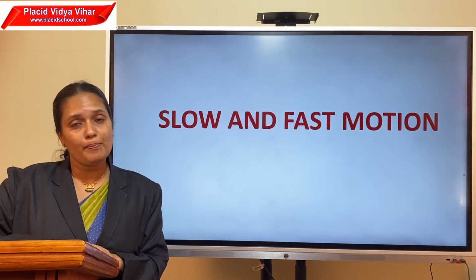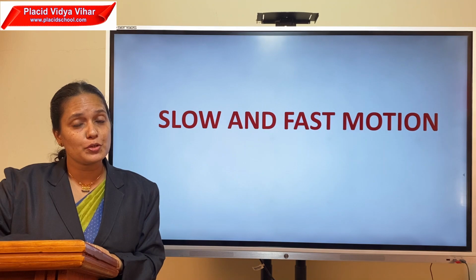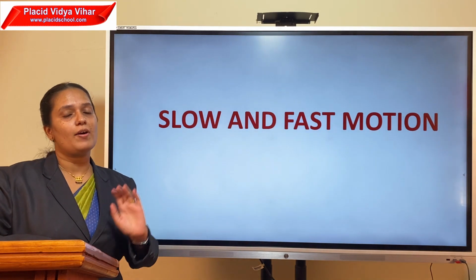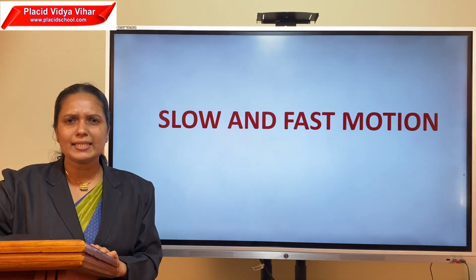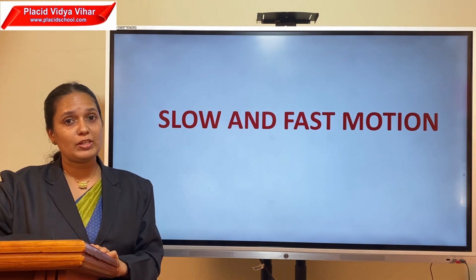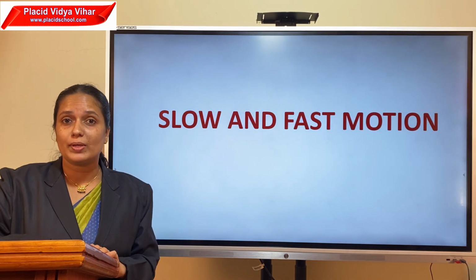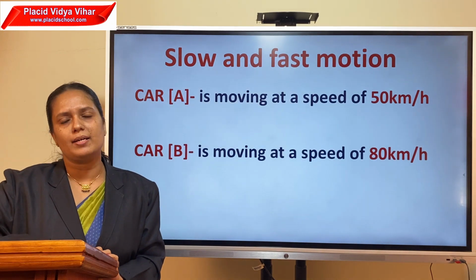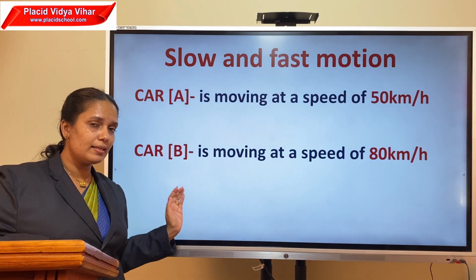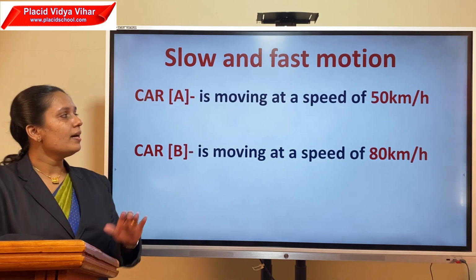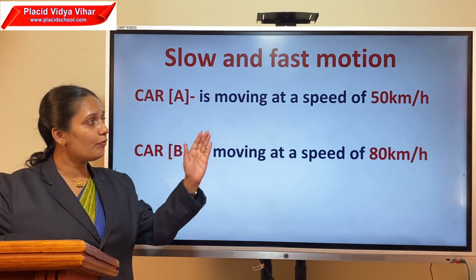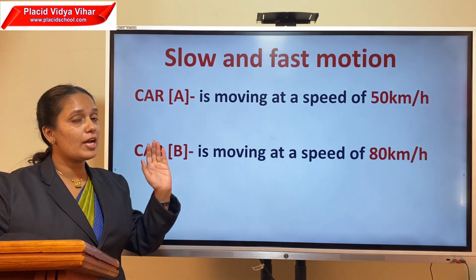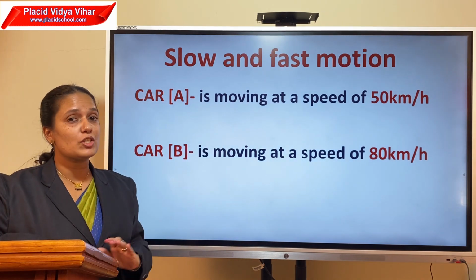Based on the magnitude of speed, we can classify motion into slow and fast motion. So let us see how we decide which object is in fast motion and which one is moving slow. For example, consider two cars, car A and car B. Here, car A is moving at a speed of 50 km per hour. That means car A travels a distance of 50 km in 1 hour.